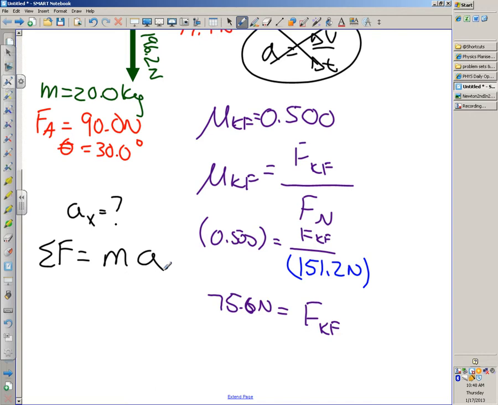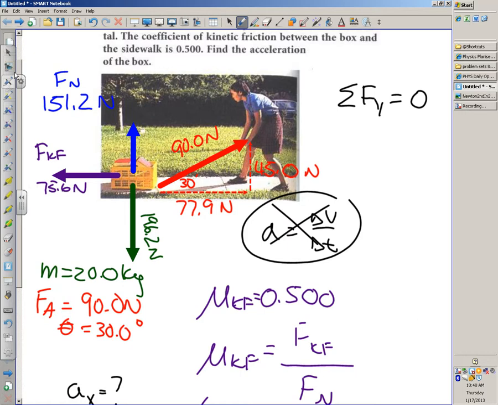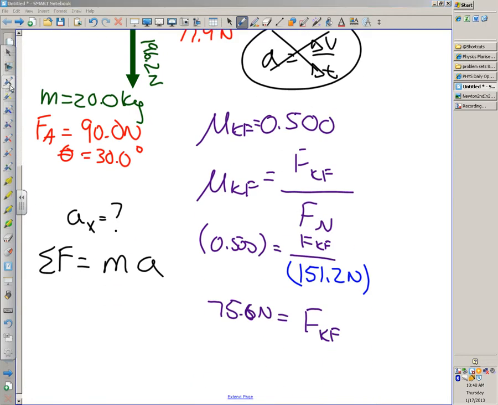But more specifically to this problem, we've already established which way this box is going to be accelerating: horizontally along the x-axis. So we specifically want the x-axis acceleration. If we want x-axis acceleration, what forces should we focus on? Only x-axis forces. So the net force on the x-axis is equal to mass times the acceleration along the x-axis.